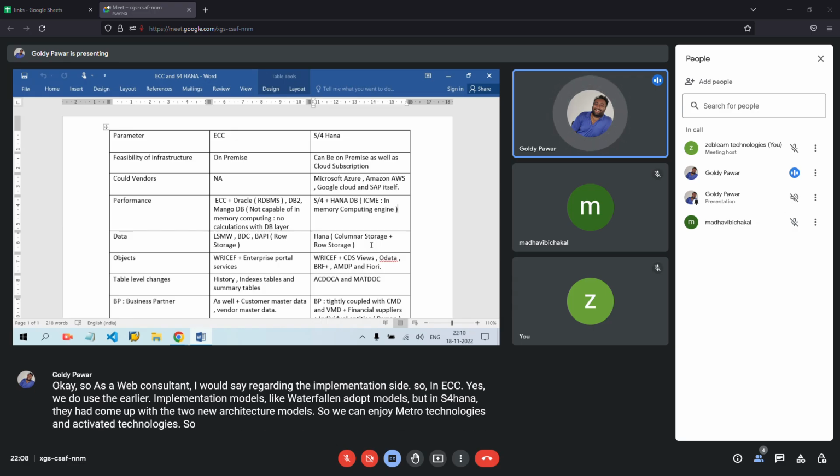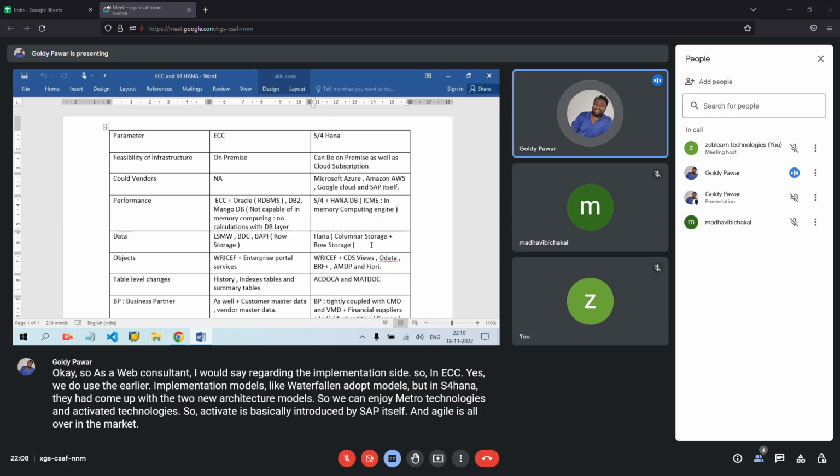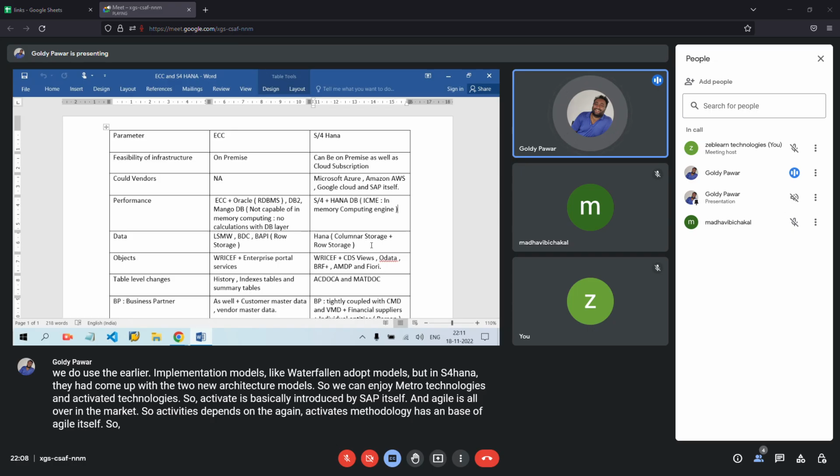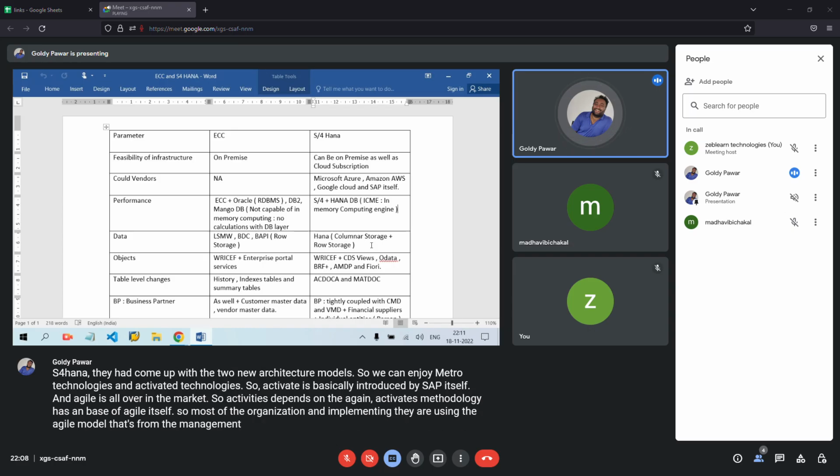Activate is introduced by SAP itself, and agile is all over the market. Activate's methodology has a base of agile itself. So most organizations implementing are using the agile model. That's from the management part that I am discussing.